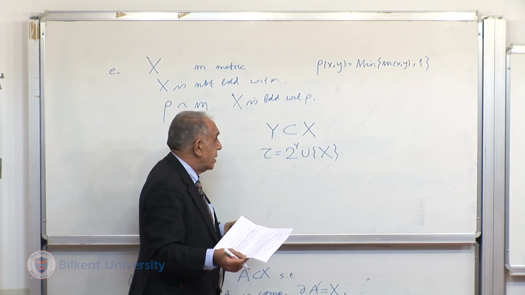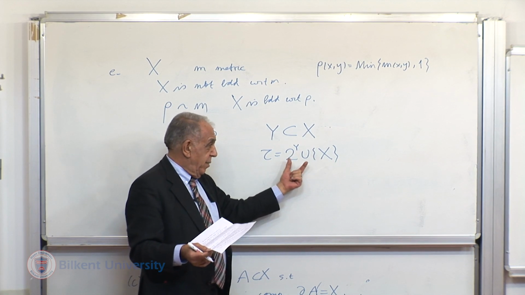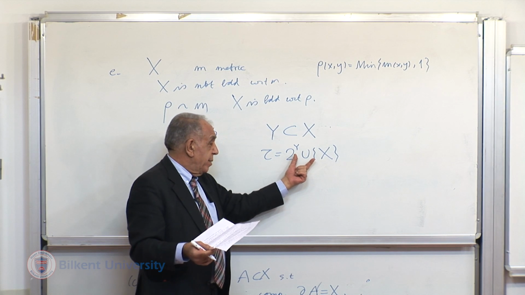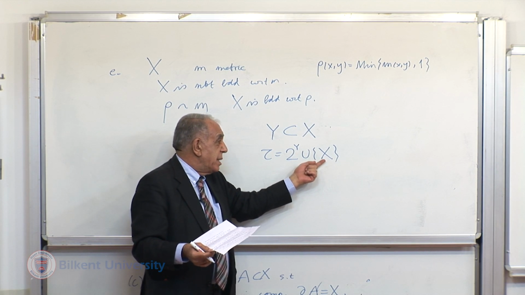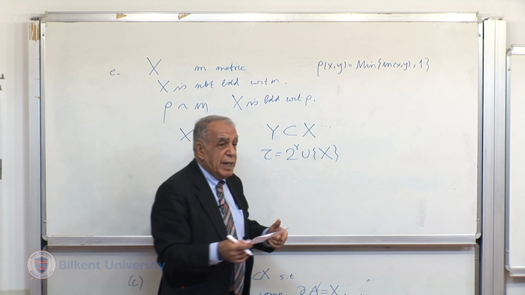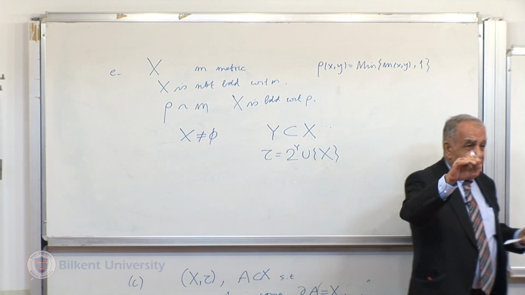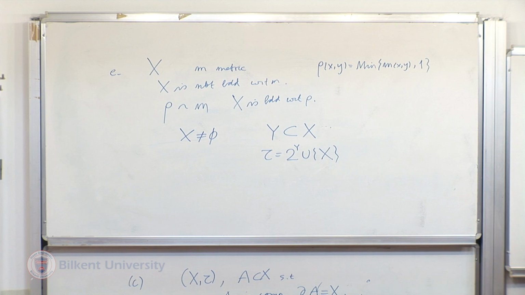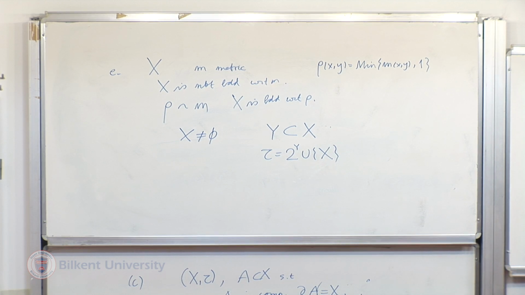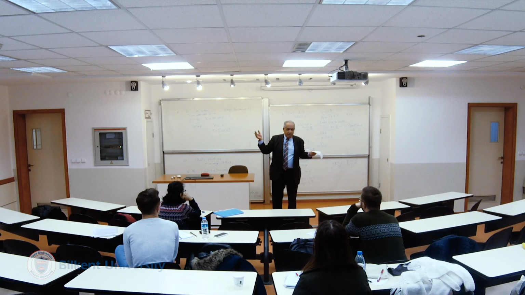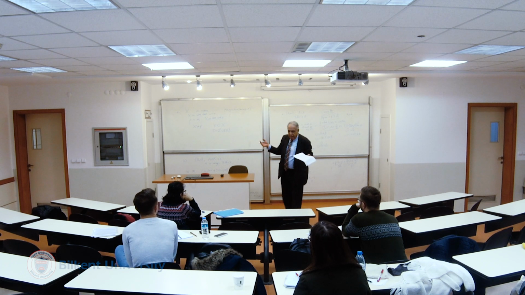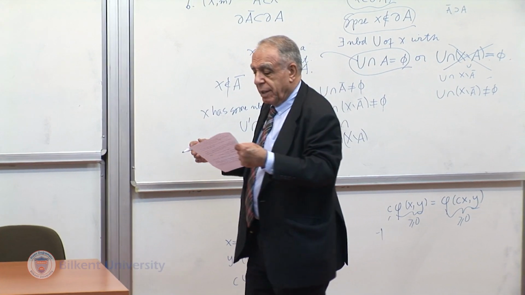And A intersection B, if one of them is X, then you will have A intersection B equal to either A or B. That will be in tau. Otherwise, A and B are both subsets of Y. A intersection B will be a subset of Y as well. Okay? So that's a topology.